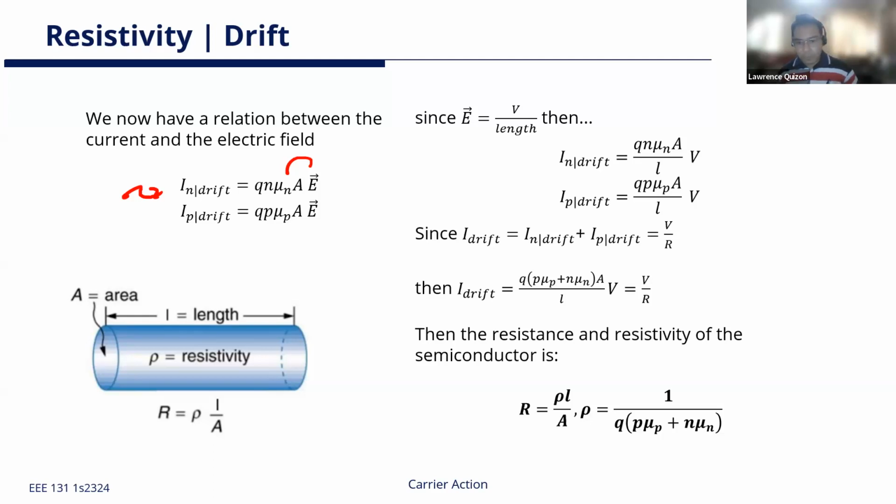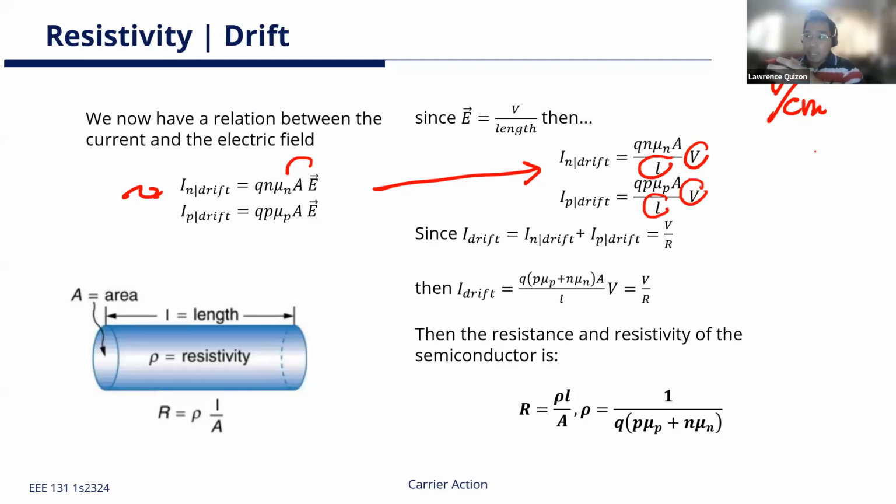Since the electric field is calculated as volts over length, remember, its units is volts per centimeter, ang unit ng electric field natin. Then after some derivation, I drift is equal to volt over length. So, we just turned electric field into V over L here. So, ito yan.